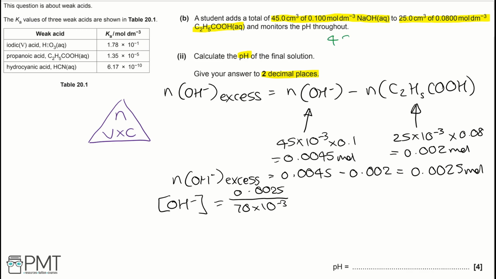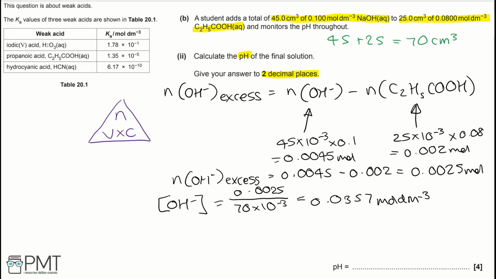So 45 plus 25 equals 70 centimetres cubed, and we want decimetres cubed, so we've timesed by 10 to the negative 3. And that equals 0.0357 moles per decimetre cubed.